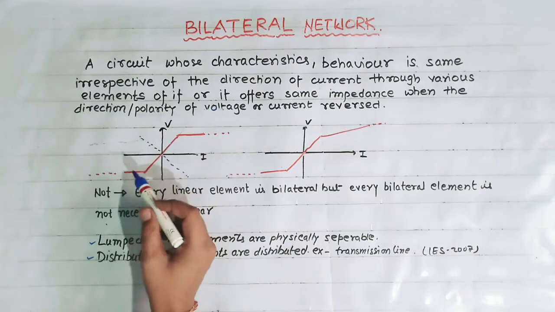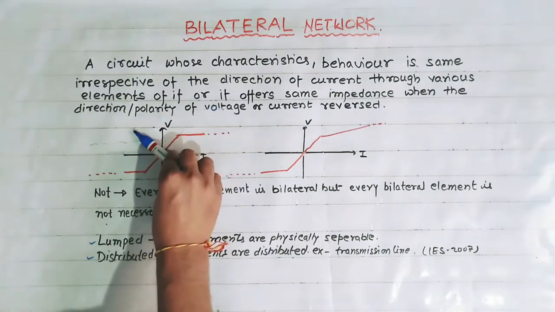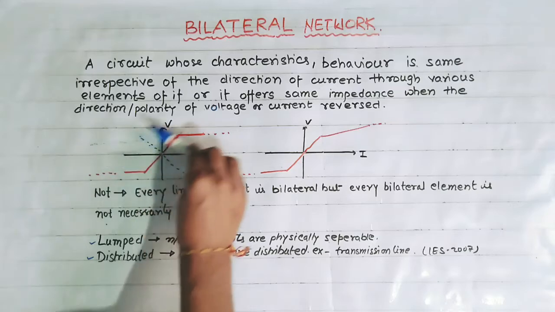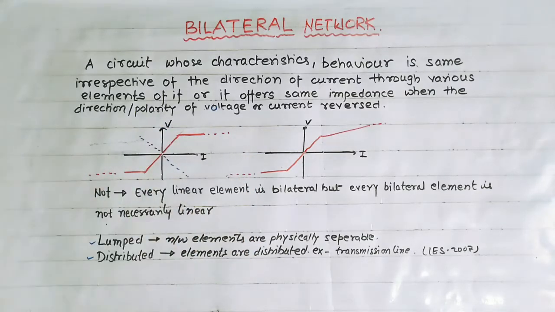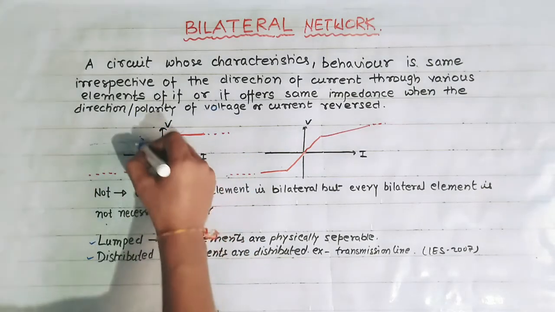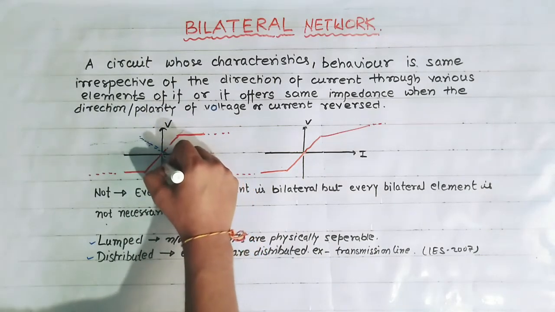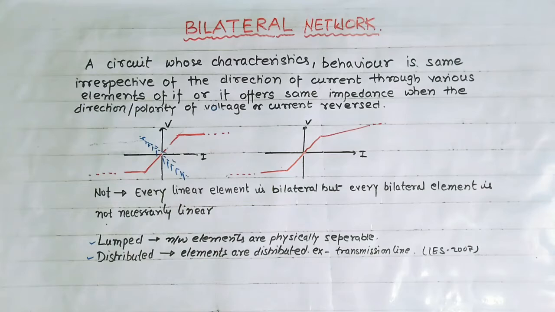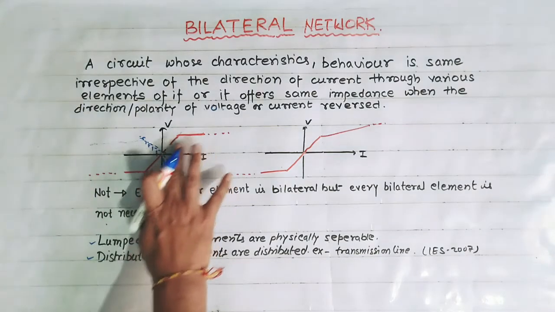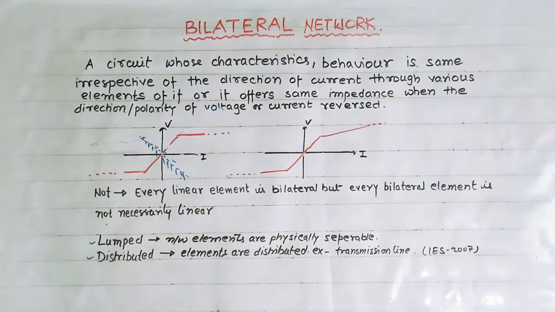If these two portions of the characteristic are mirror images, then this element is bilateral. If this is a mirror, then you can clearly see that these two portions of the characteristic are mirror images.